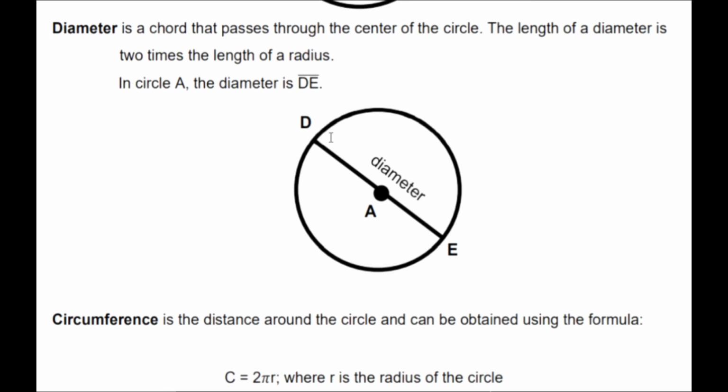So when we say radius, it is a line segment from the center up to the point on the circle. But here we have 2 endpoints on the circle that passes through the center. So that means it is 2 times the length of the radius. So in the circle, we have the diameter DE.